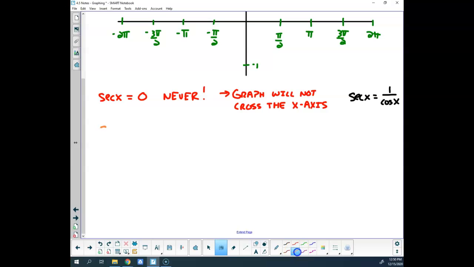When is secant equal to 1? What has to be true? So what's got to be true? For this fraction, my black fraction here, to equal 1, what has to be true? Cosine has to be 1. Okay? So where is cosine equal to 1? 0 and pi.